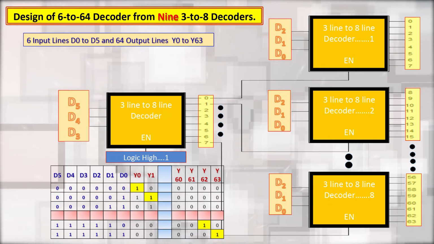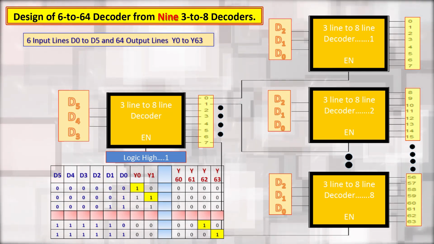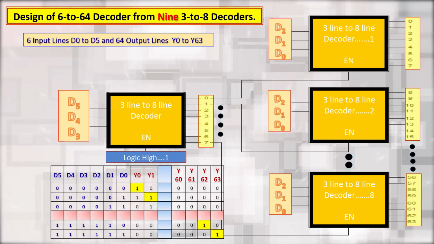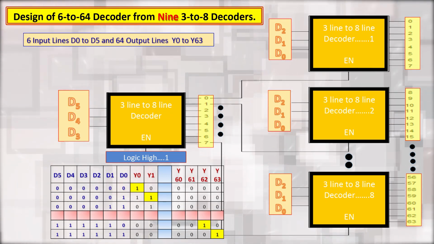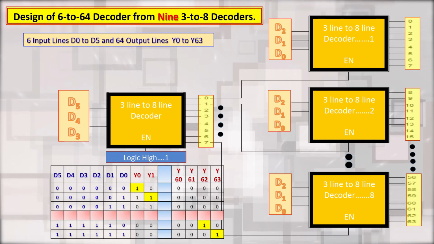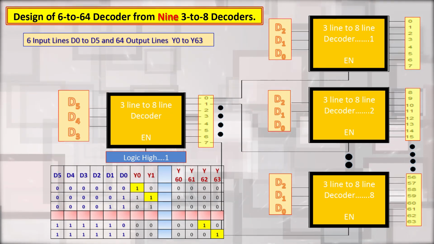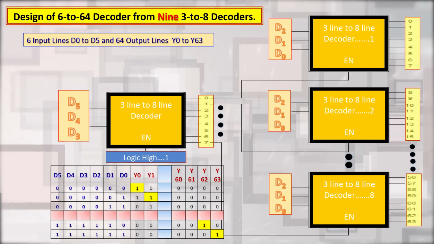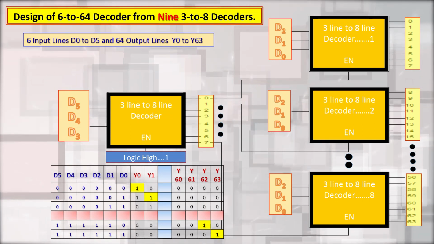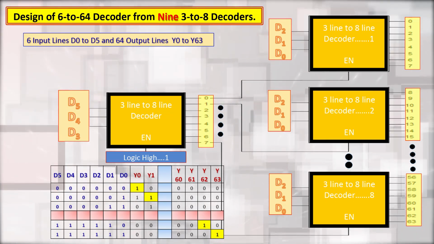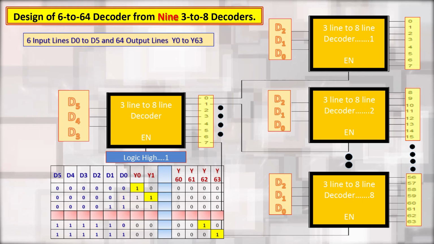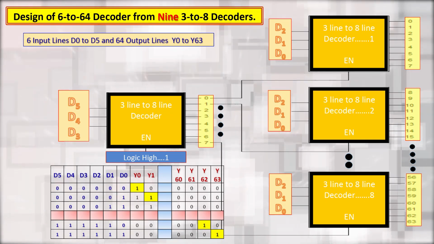Say the first output of the 9th decoder is connected to the enable pin of the first decoder, the second output line is connected to the second decoder, and this way all the 1 to 8 output lines are connected to the 1 to 8 3 to 8 decoders.